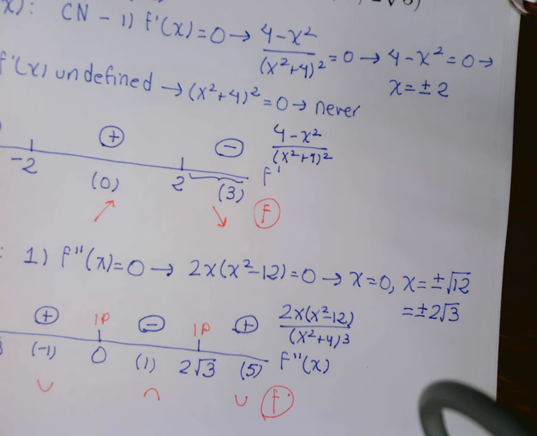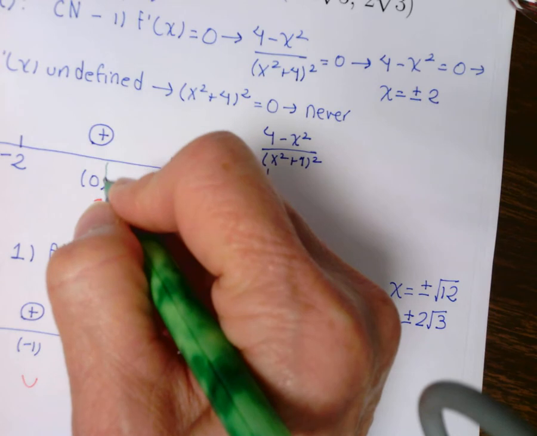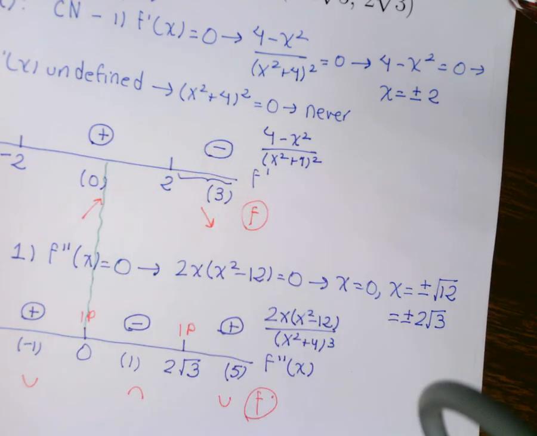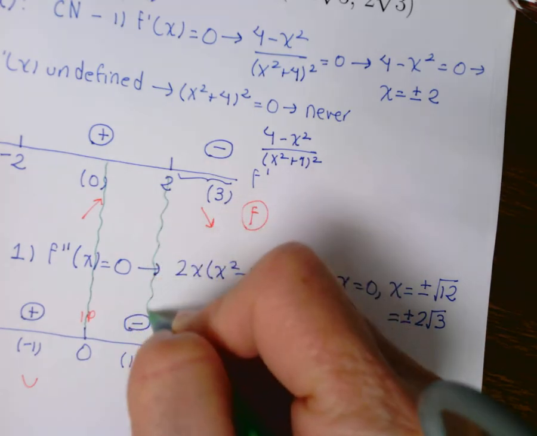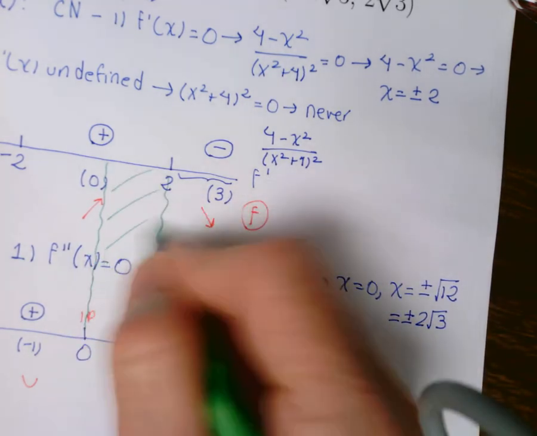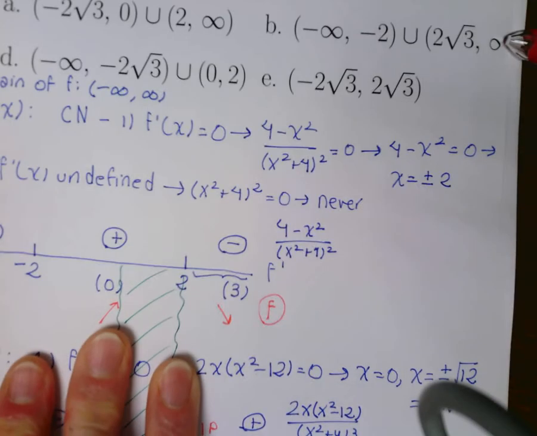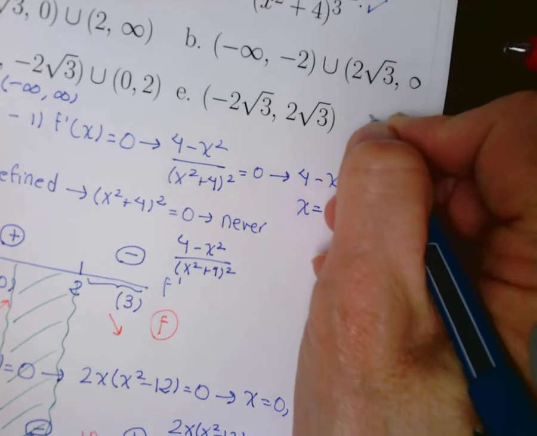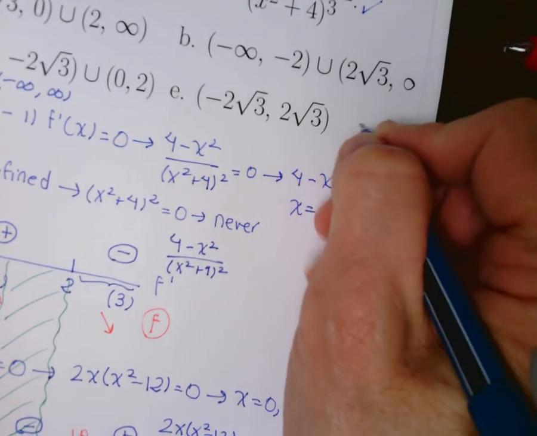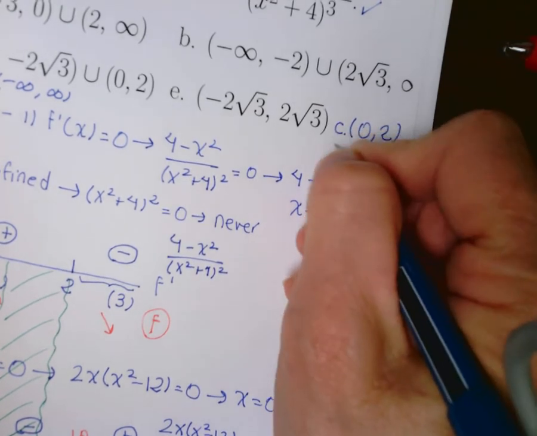And if I look at the two number lines, I see that concave down starts at 0 and increasing ends at 2. So if it's both increasing and concave down, it's got to be the interval just from 0 to 2, which actually got erased on my paper, so the answer would be 0 to 2, which was choice C.